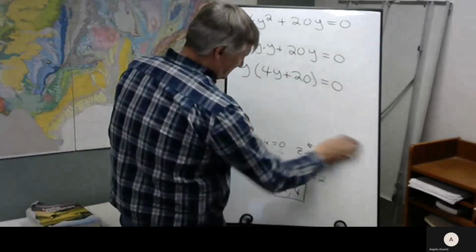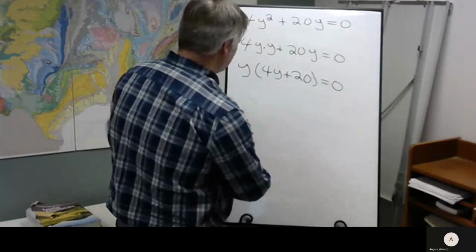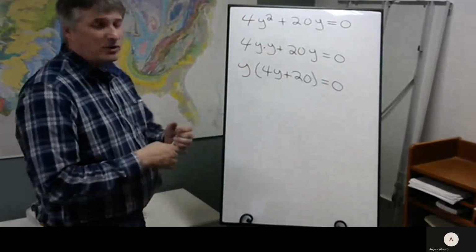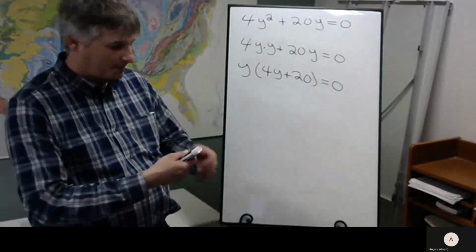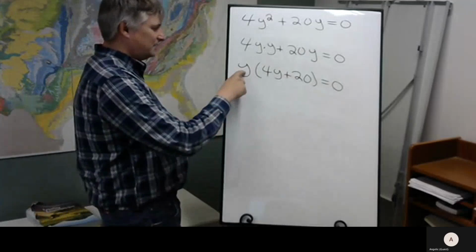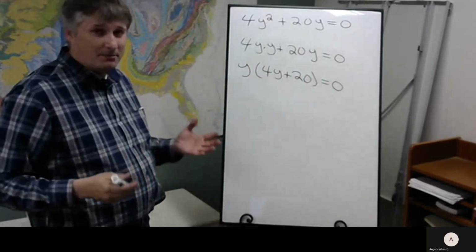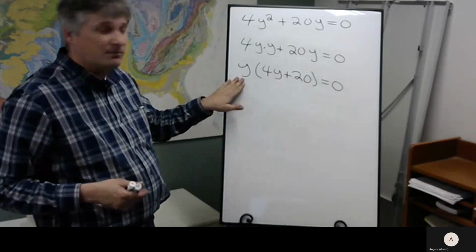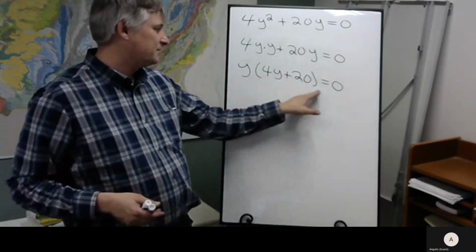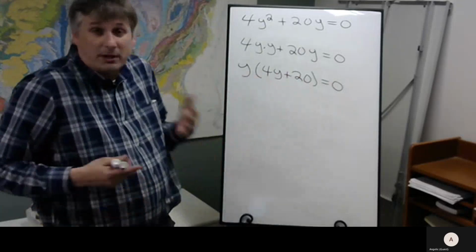So again, we can use the zero product principle. This times this is equal to 0. So that means this is the thing being the 0, or this is what's being 0, or maybe both.